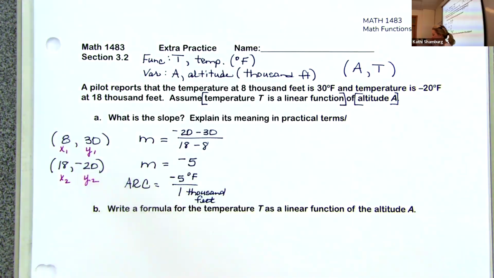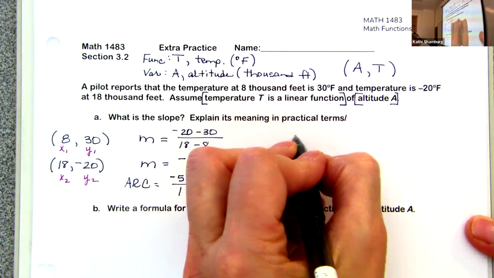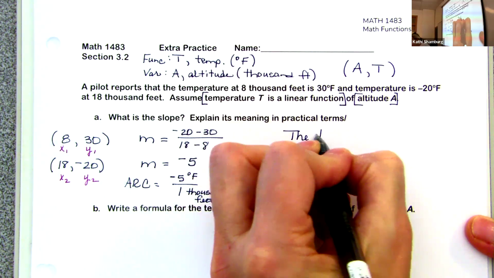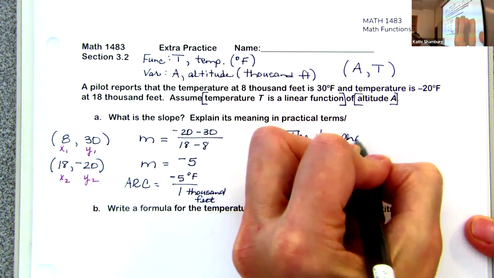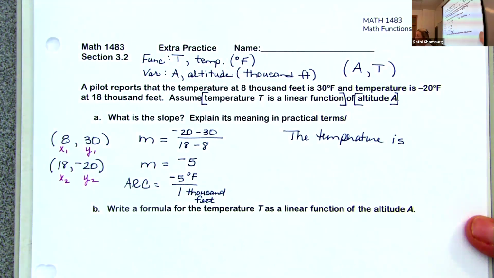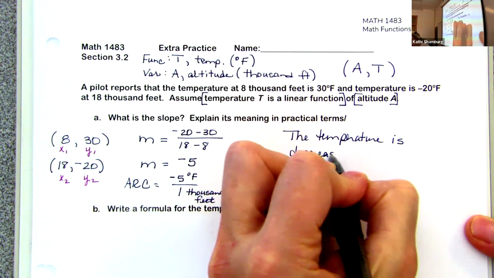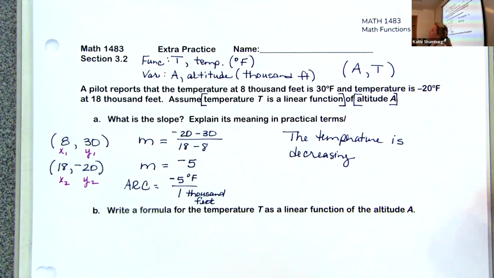Now I'm going to explain that. I can say that the temperature is decreasing or dropping. When I say the numerical amount, am I going to say it's decreasing -5?